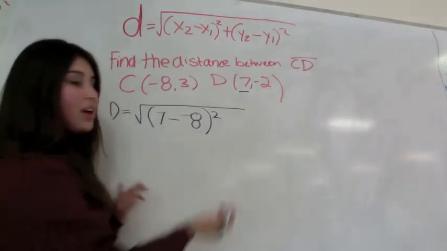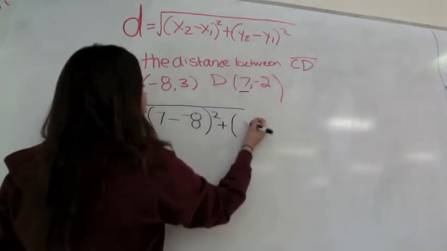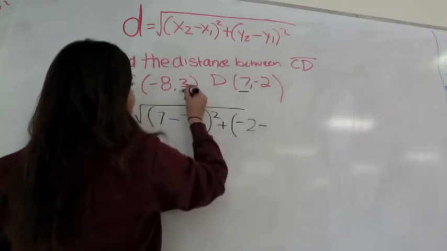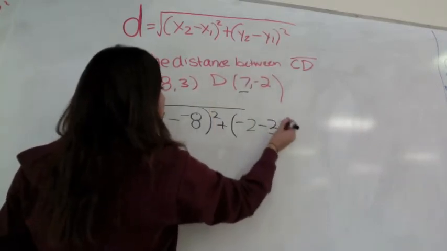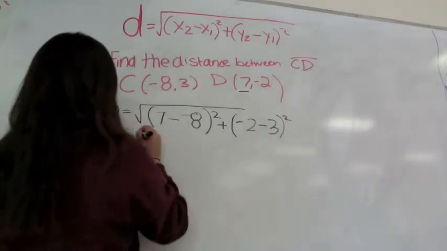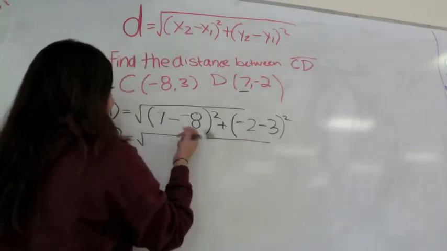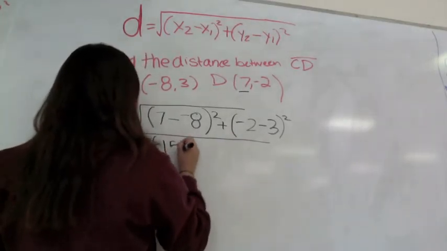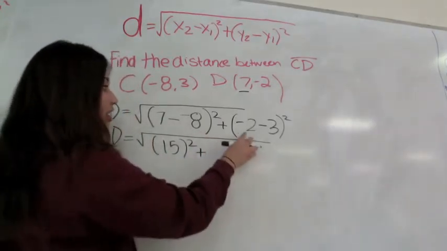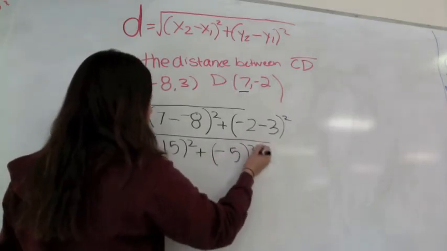squared, plus y2, which is -2, minus y1, which is 3, squared. Then we simplify. D equals the square root of 7 minus -8, 15 squared, plus -2 minus 3, -5 squared.